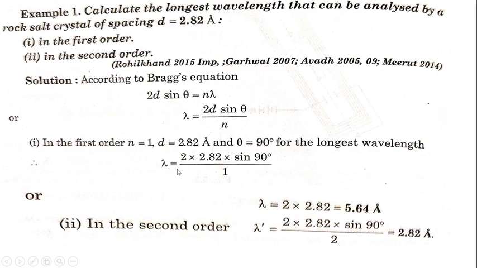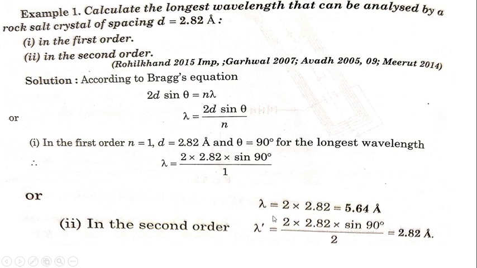So lambda equal to 2 into 2.82 into sin 90 degree upon 1. After simplification, lambda equal to 2 into 2.82 equal to 5.64 angstrom.